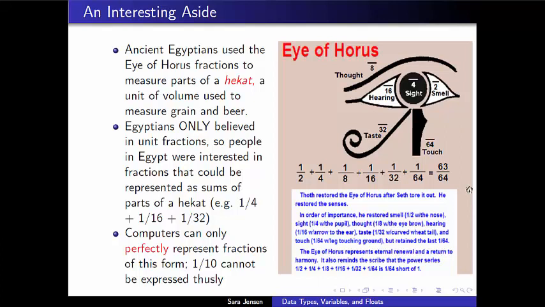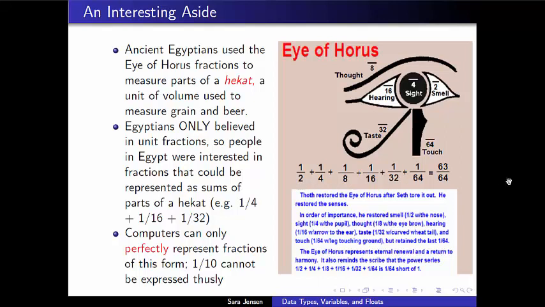So you could have something like a half of a hecat, but then you could have half of a half of a hecat, and that successive halving. And so when distributing parts of a hecat, it was always a unit fraction, so a 1 in the numerator, and then the denominator needed to be a half, or a half of a half, or a half of a half of a half. In other words, it had to be a power of 2.